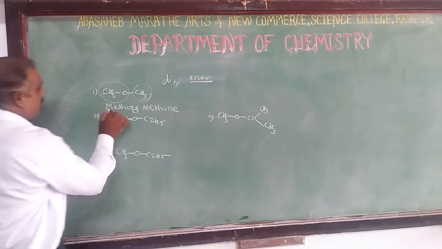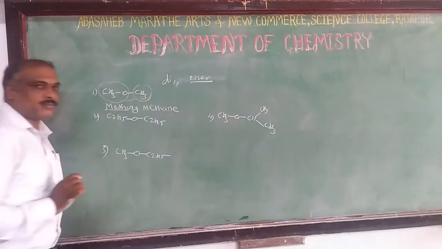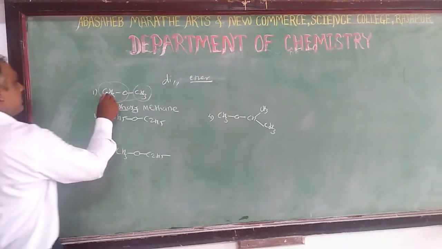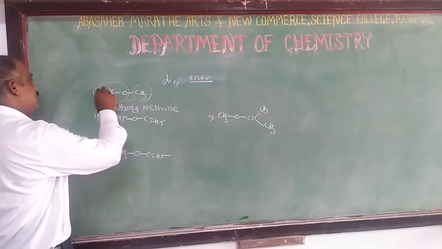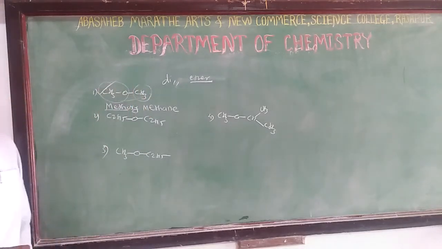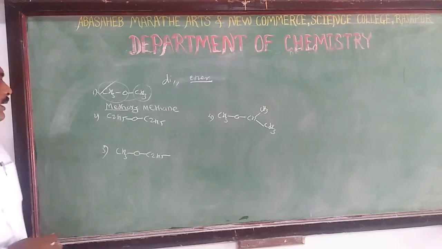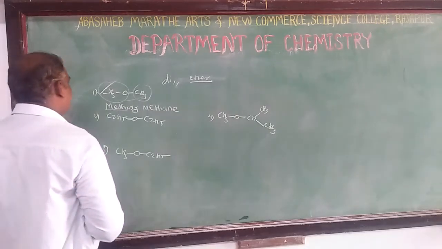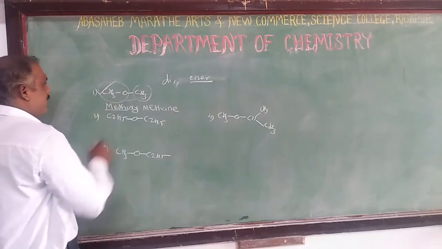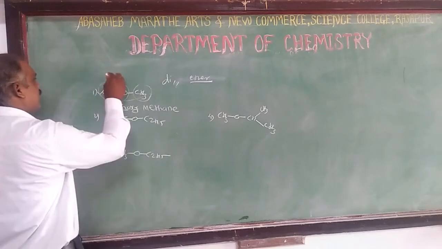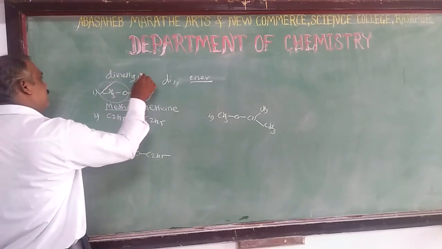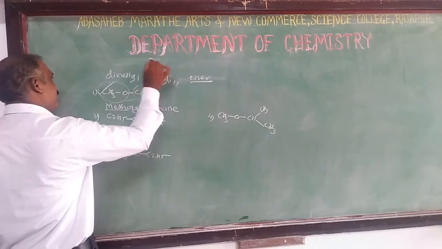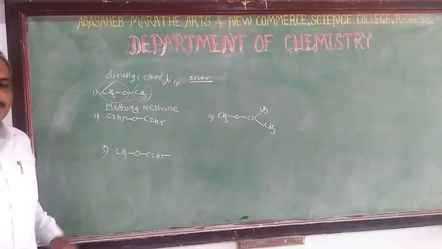But what is the common name of this molecule? This is also methyl, therefore it is a symmetrical ether or simple ether. So the common name of this molecule is dimethyl ether.